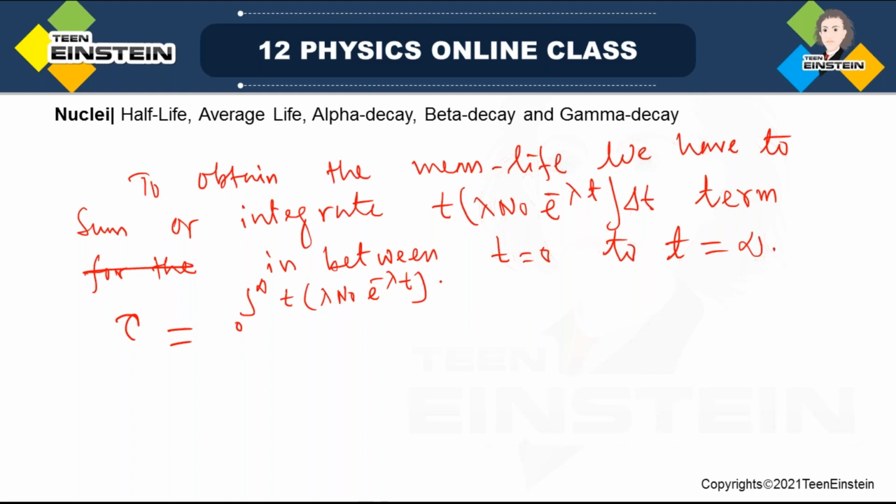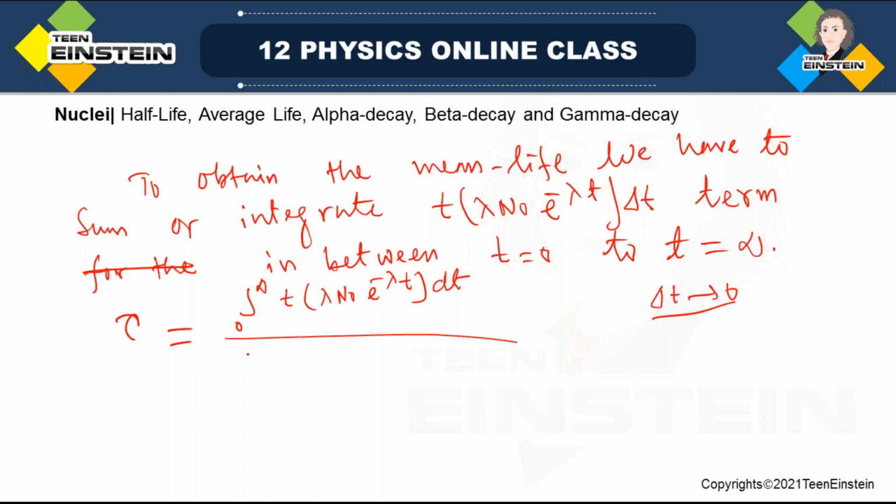In place of delta t I'm writing dt, since I'm doing integration. I'm just thinking that delta t is limiting to 0, a very short time period or interval. In fact, this radioactivity happens in fractions of seconds. So this is the total time, the total life, for all the nuclei.